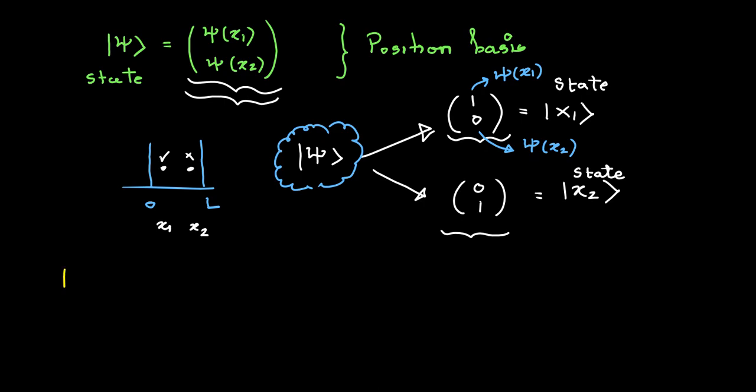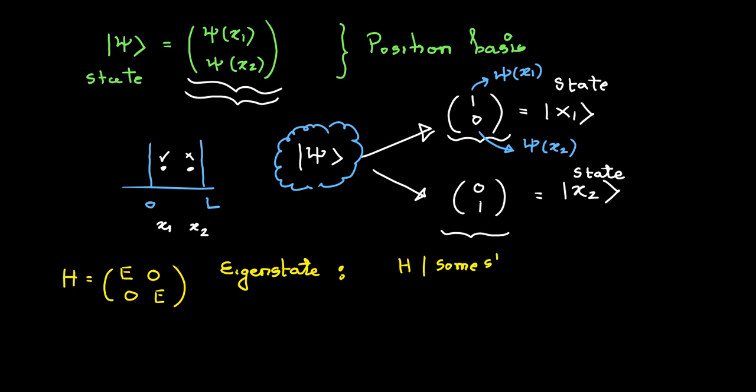We remember that the Hamiltonian in such a case looks like E 0 0 E. Now if I ask you what are the eigenstates of this Hamiltonian, so basically what I'm asking is, maybe there is some state where if I apply H, I get the energy of that state and the state comes back as it is.